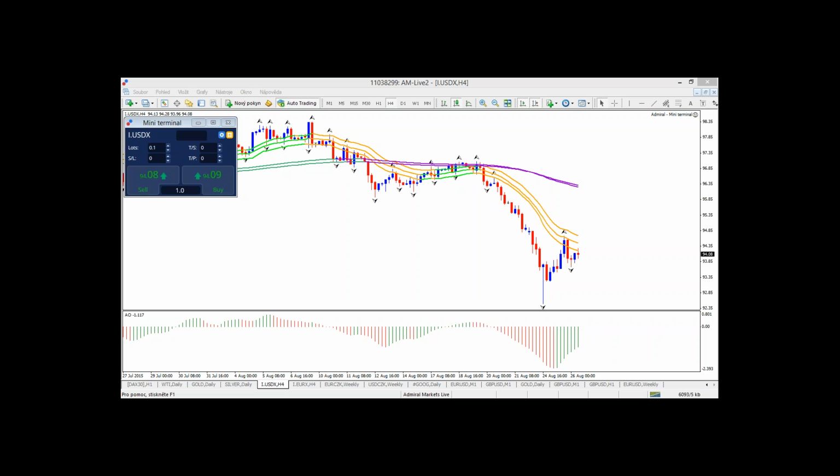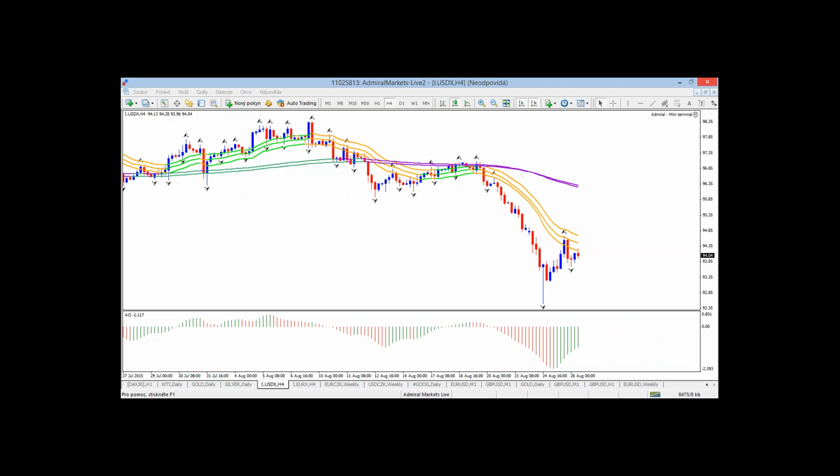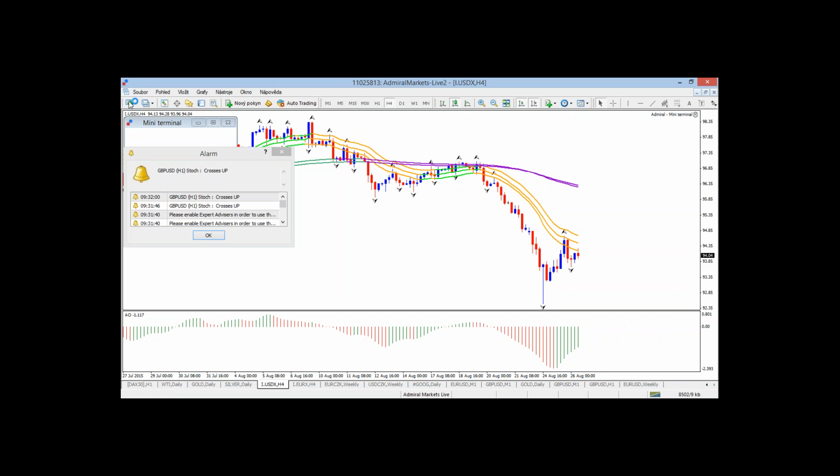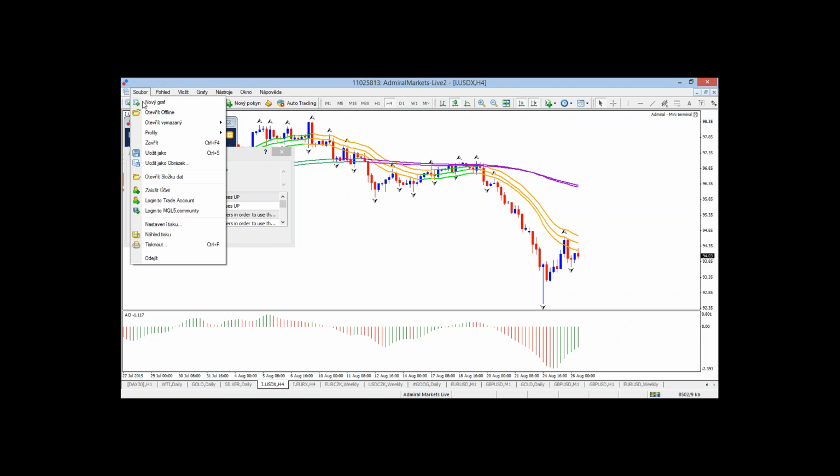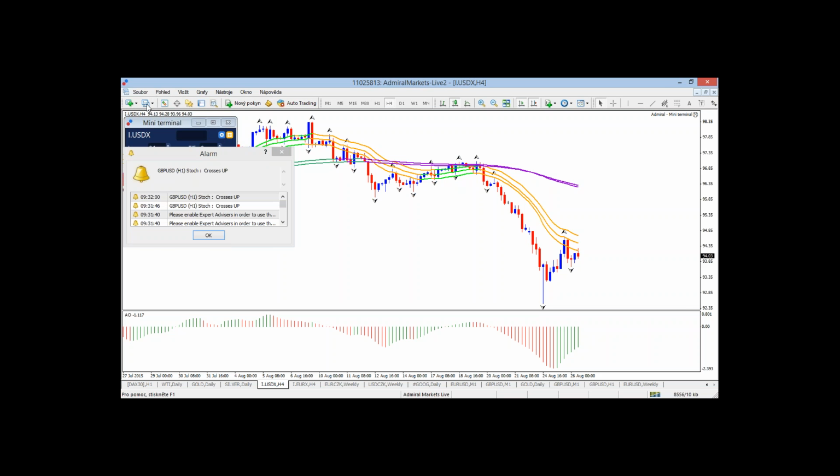So let me try to open up S&P and Dow, and then we'll take a look at the euro dollar, dollar CAD, and pound USD one more time. All right, there we go.